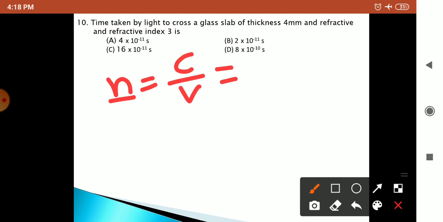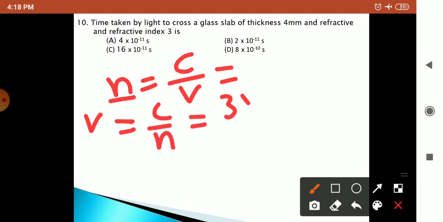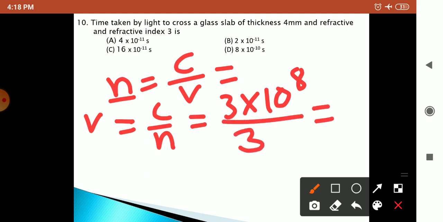So from this, v equal to c upon n, which is equal to 3 into 10 raised to 8 upon 3, which is equal to 10 raised to 8 meter per second. So this is the value of velocity.